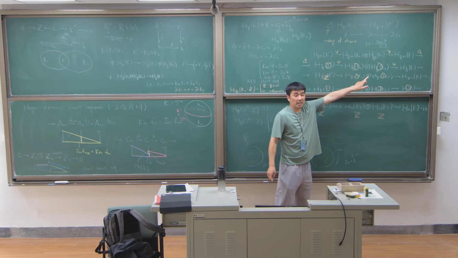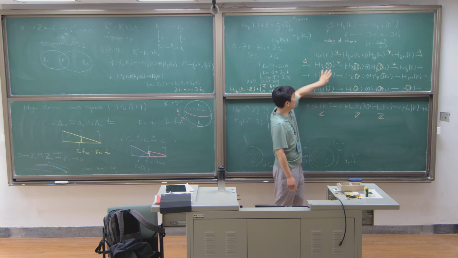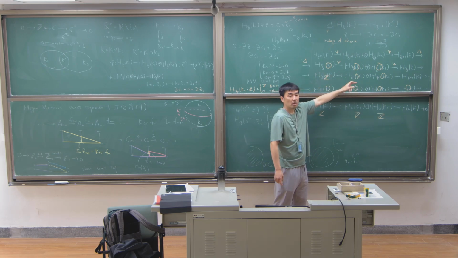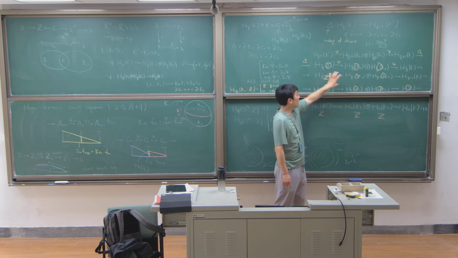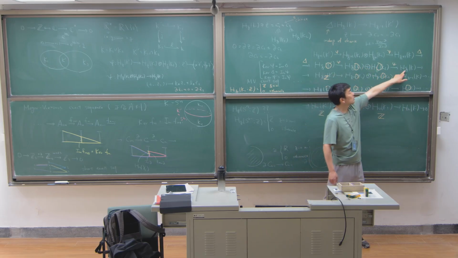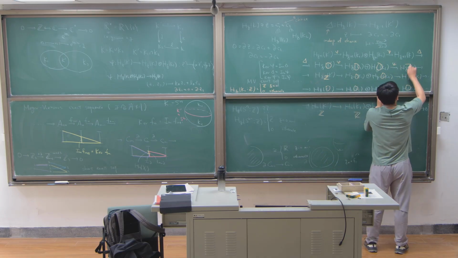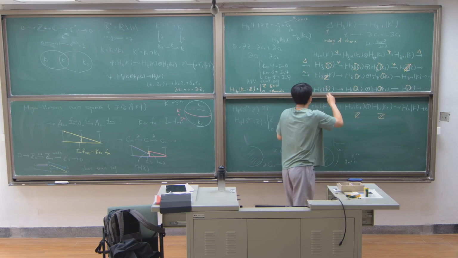So this should be an exact sequence, which means the kernel should be the image. So Z goes to 0, right? So here everything goes to 0. So therefore the entire Z is the kernel of this phi. Z goes to 0. Therefore, the image should be Z. But here, 0 is mapped to 0. So therefore, there is no kernel. So this means this has to be Z. It has to be isomorphic.